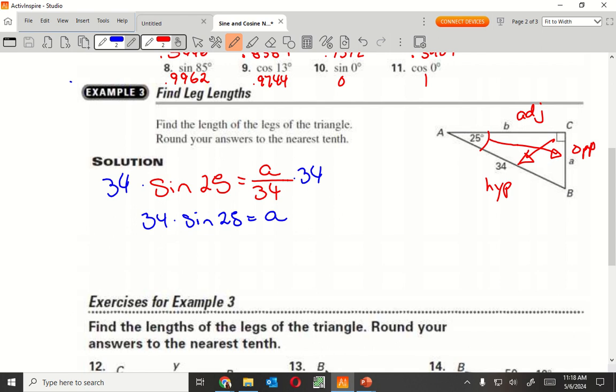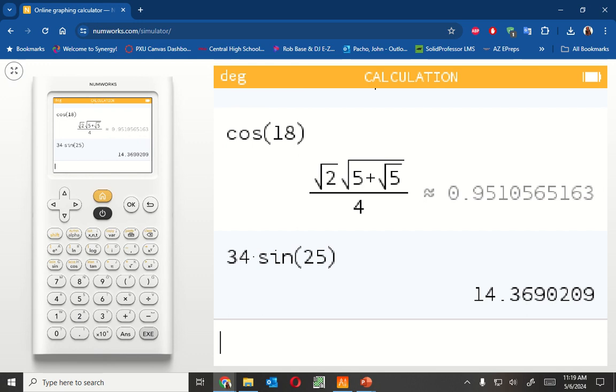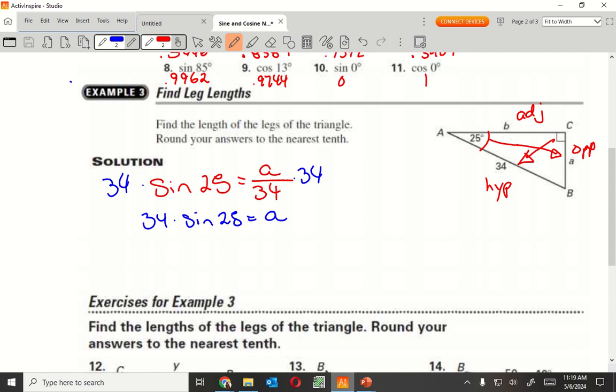Now, is my a by itself? Yeah, it's over there by itself, isn't it? And so now I can plug that in the calculator. So 34 times sine 25. And 14.369. Let's see what it says.